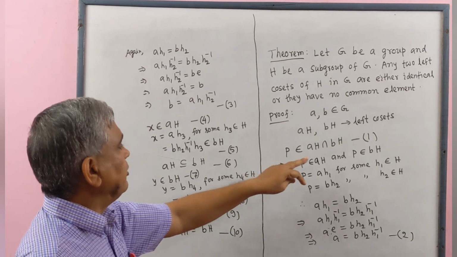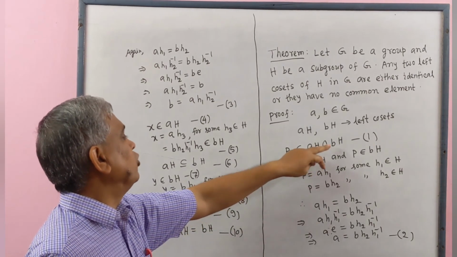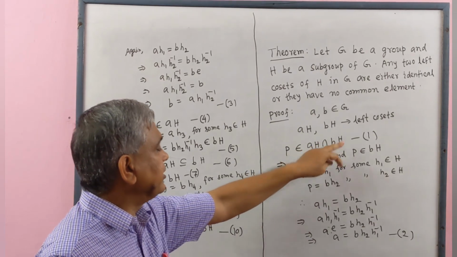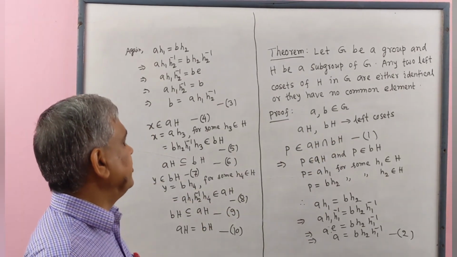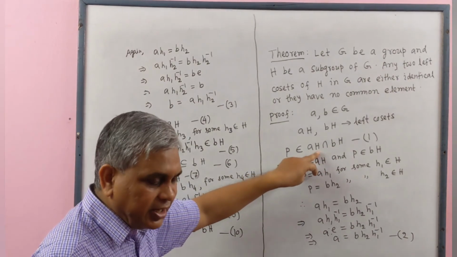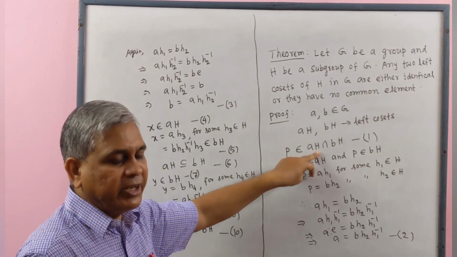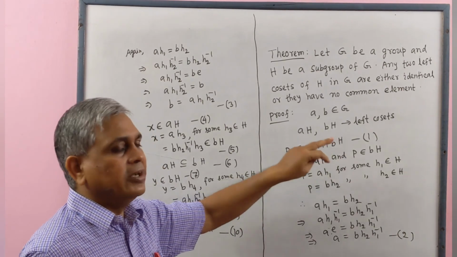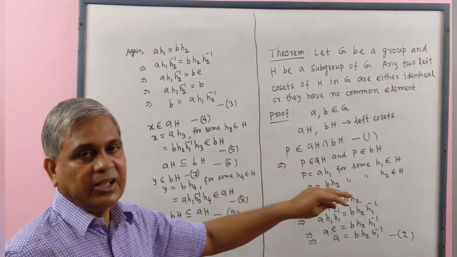And if they do not contain any common element, that is, their intersection is a null set, empty set, then they will be distinct left cosets.